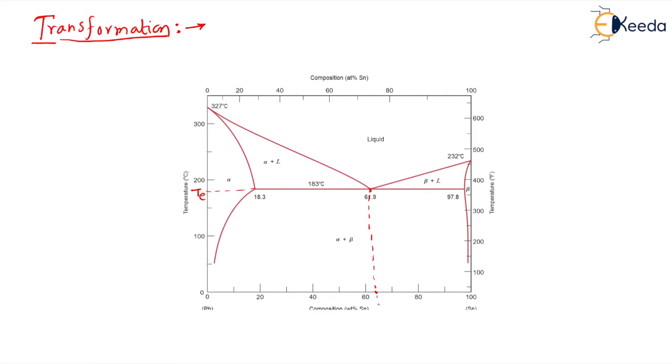This is the eutectic composition, so Xe is the eutectic composition. Now dear students, in this video first of all we are going to see the eutectic transformation.